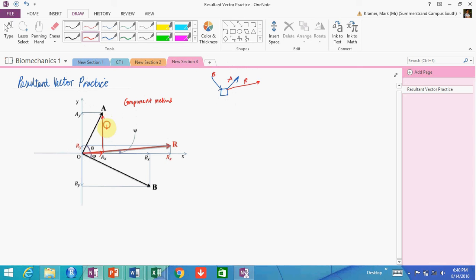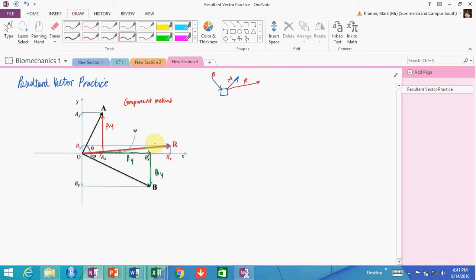So we'll get the magnitude here of AY, and the magnitude here of AX. The same thing is true with this vector B. We'll deconstruct that into its x and y components.